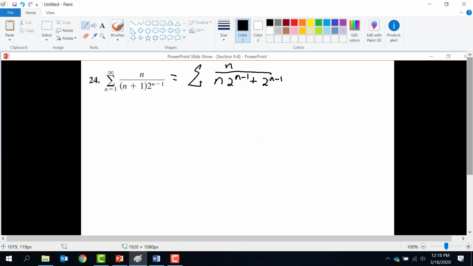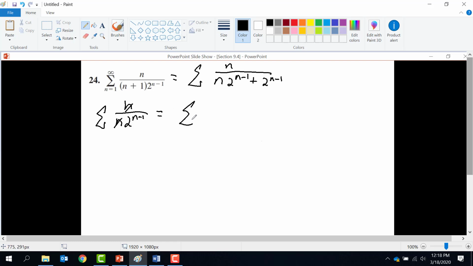So in the denominator, we have 2 terms. And this one is n times 2 to the n minus 1. This thing seems to be growing the fastest, so it's going to be contributing the most. And so it seems like we should be able to ignore the other term. And you should notice that if we ignore it, one of the nice things that's going to happen is this n is going to go away. So we're going to compare it to the summation of n over n times 2 to the n minus 1.